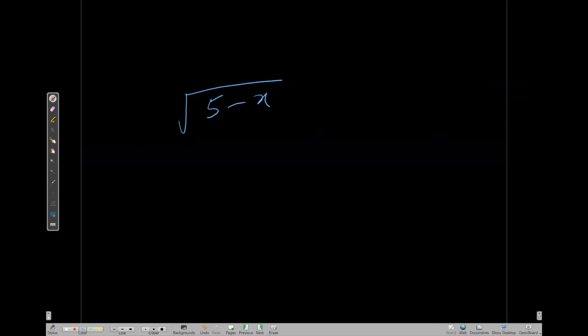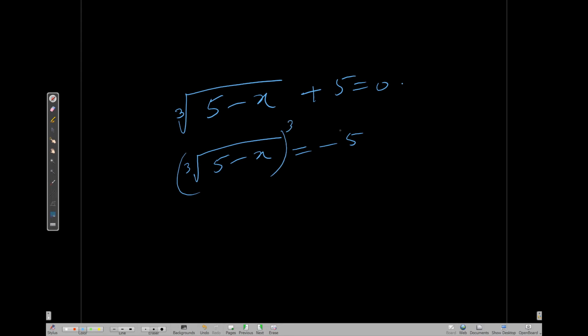How about this? The cubic root of 5 minus x, plus 5 equals 0. Now the first step, the term involving the radical sign, you must isolate it. So this is negative 5. And then you have to raise it to the third power.